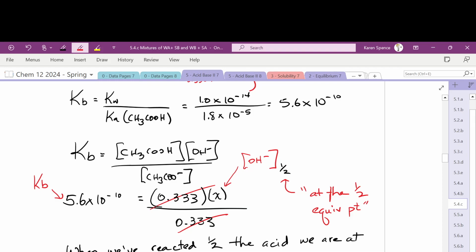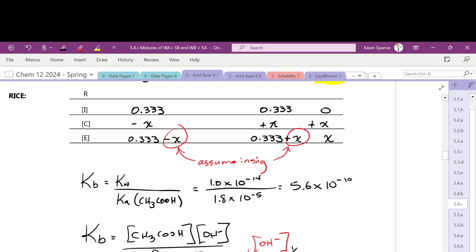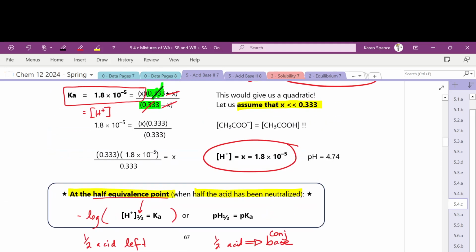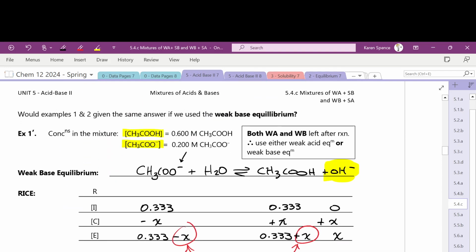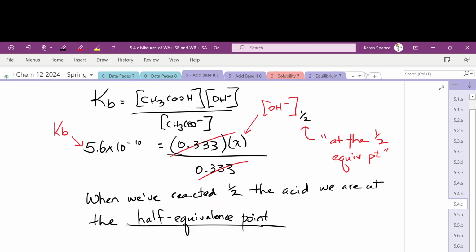And if we do all the math, we will actually end up with the same value as we did back here. We should end up with a pH of 4.74. So let's see if we do.